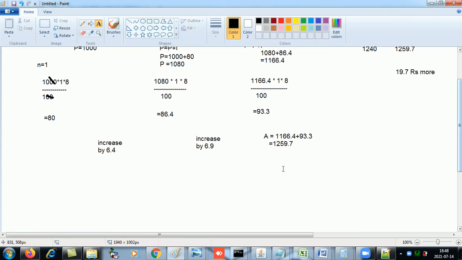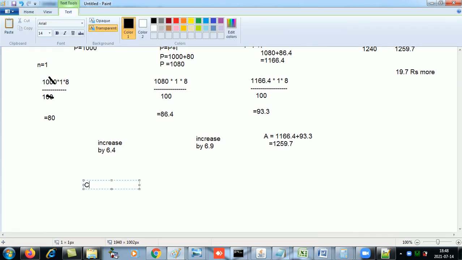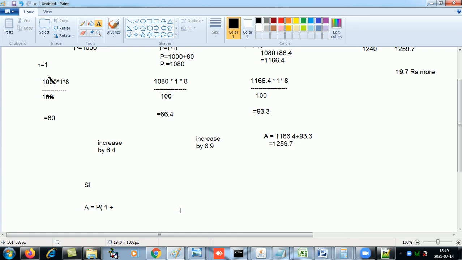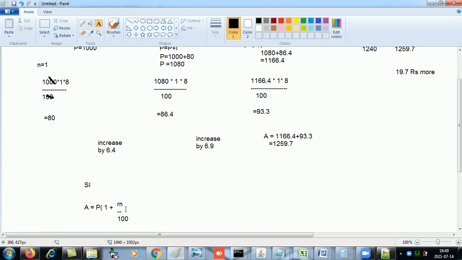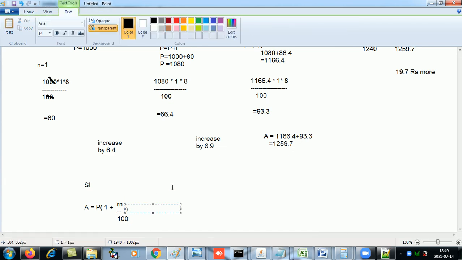Like how we had a formula to calculate the amount in simple interest, A equals P bracket 1 plus Rn upon 100, this was the formula to calculate in simple interest.